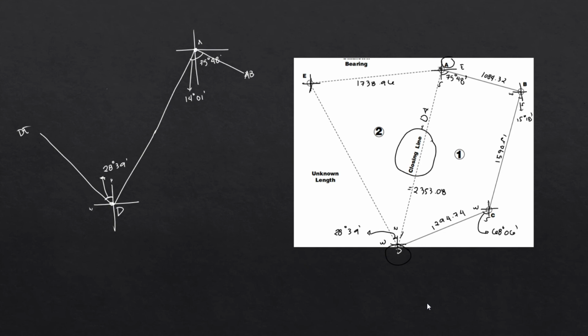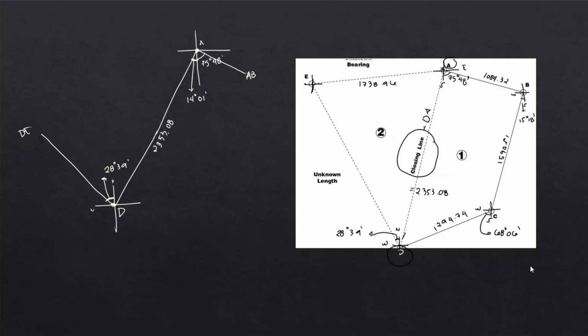Northwest. Then, ano pang nakuha nating values? DA natin is 2,353.08. Okay. Ang hinahanap, length ng DE saka bearing ng EA. So, pwede na natin gamitan to ng sine law.